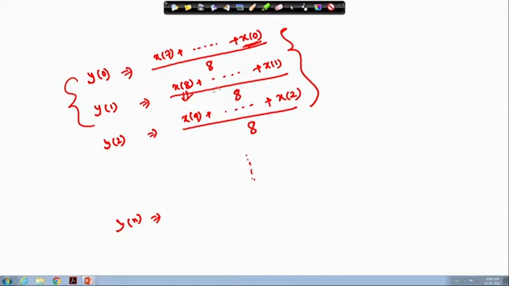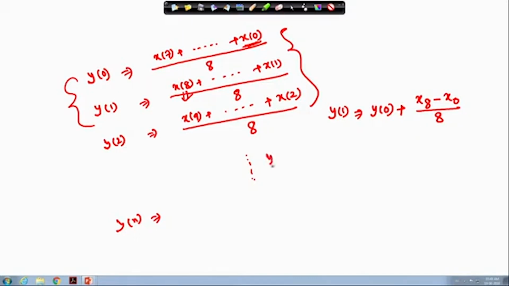So, considering this, can I change this y 1 value something like this? Can I write y 1 equals y 0 plus x 8 minus x 0, divided by 8? Can I write that? Yes, I can. How?